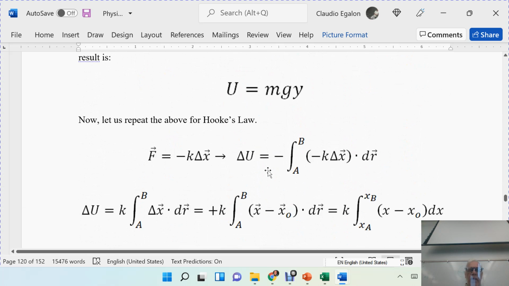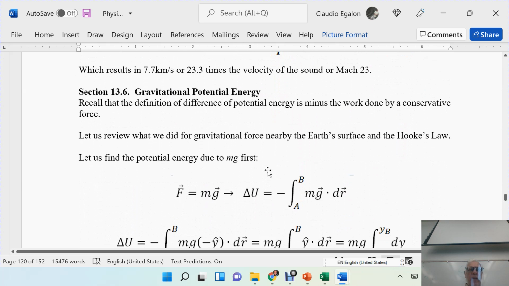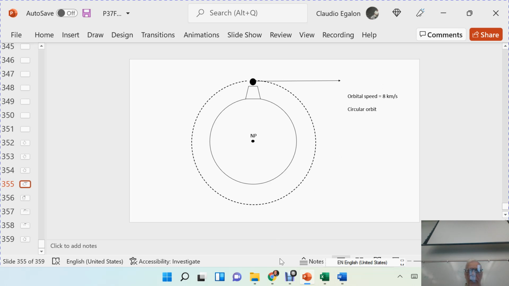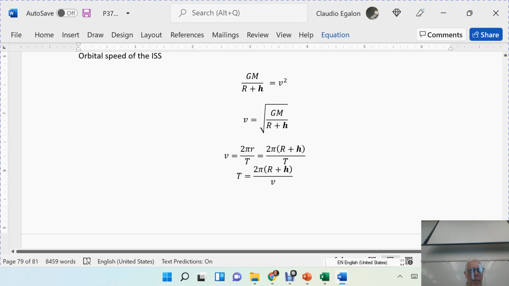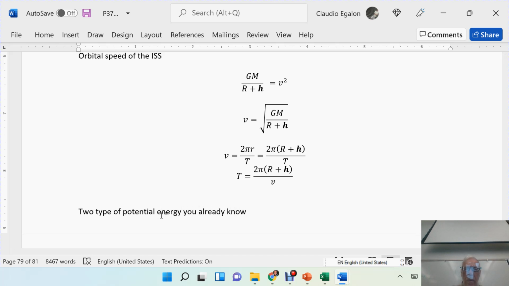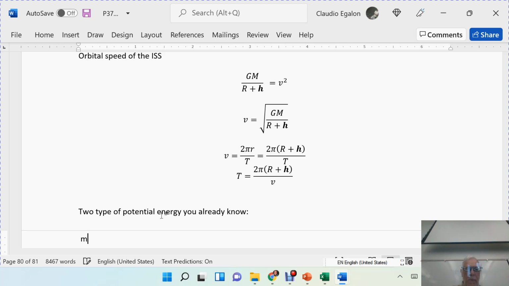Gravitational potential energy. There are two types of potential energy that you already know. Potential energy due to mg, right?